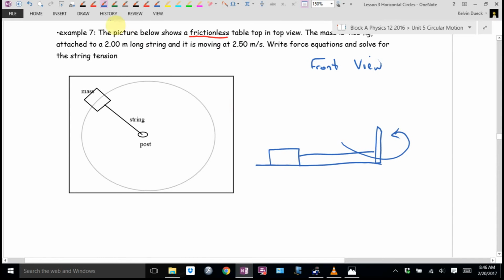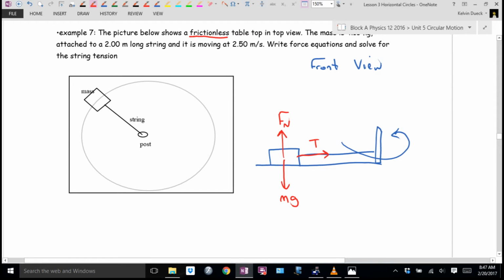You're telling me we would have gravity down. Is it sinking into the ground like quicksand? Is it flying into the air like Superman? Normal force up. And it is moving in a circle, so there does have to be a force pointing that way. What's pulling it in a circle? When a car was going around a corner, we said friction. What's causing this to move in a circle? Tension.